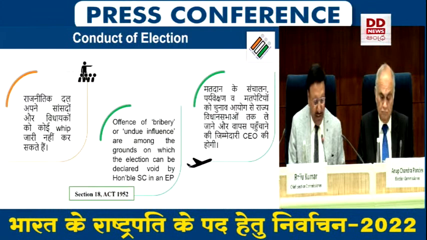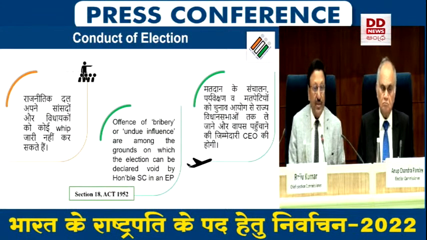As per Section 18 of the President and Vice President Election Act rules, the offence of bribery or undue influence in any manner, as defined in Section 171B and 171C of the IPC, by the returned candidate or any person with the consent of the returned candidate, are among the grounds on which the election can be held invalid by the Honorable Supreme Court in an election petition.